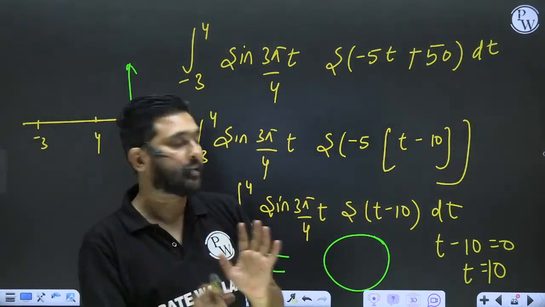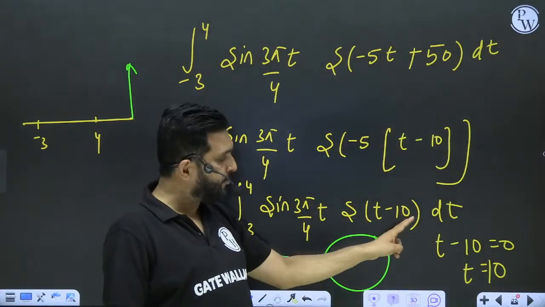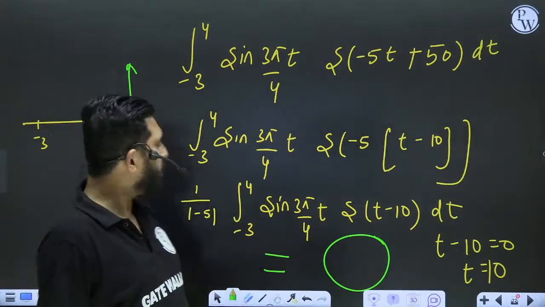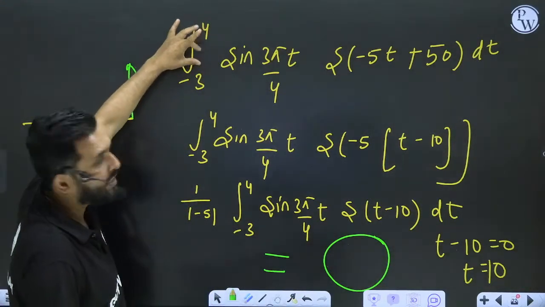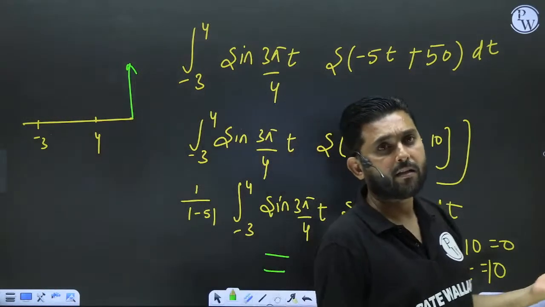This answer will be inclusive if it is t minus 4 or t plus 3. So if the impulse lies within this limit, then only you will say that this exists.